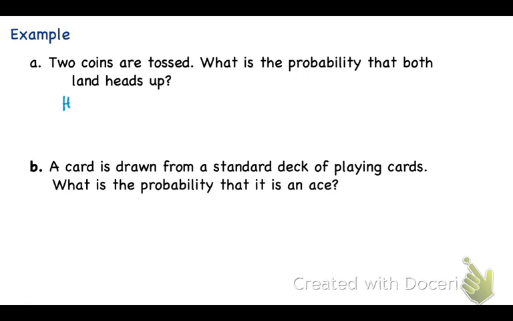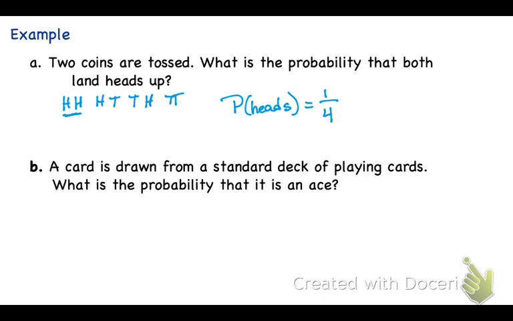You got heads-heads, heads-tails, tails-heads, tails-tails. 25% chance. Okay, so P of heads. Well, we need both heads, right? So there's 1 out of 4. So the probability is 1/4.